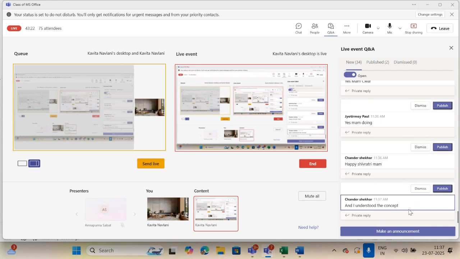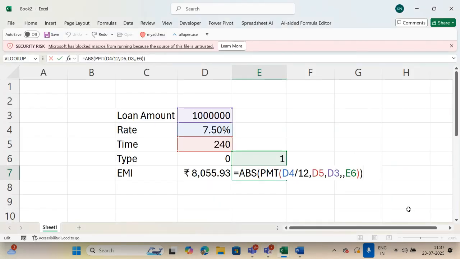So, okay, we are going to learn about the interest. In the case of interest, it's very difficult to calculate.